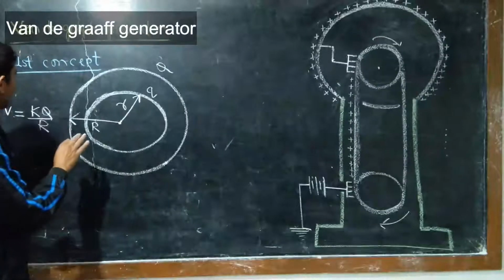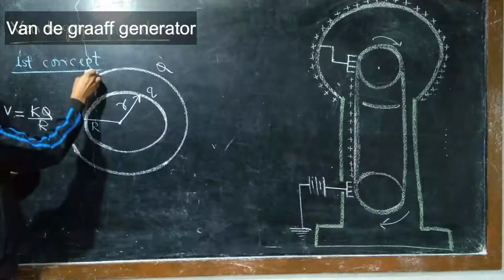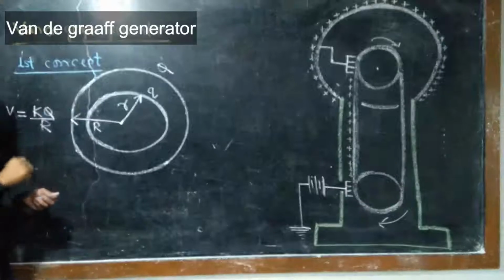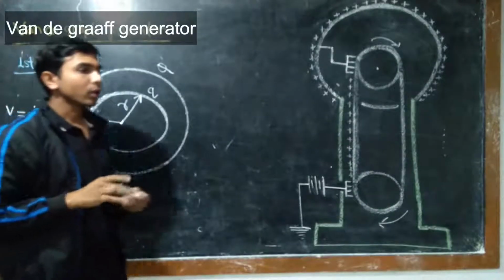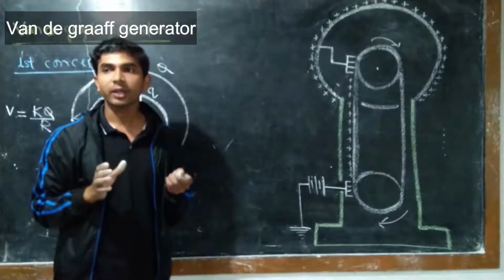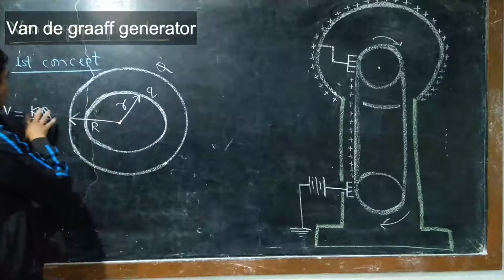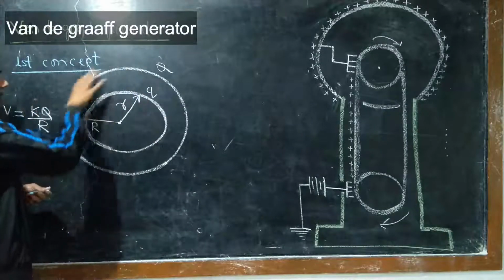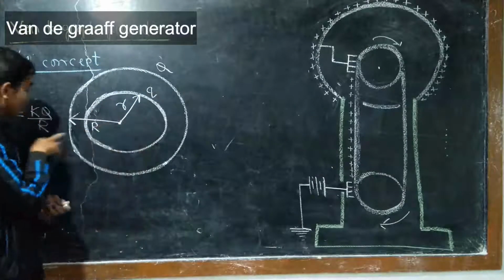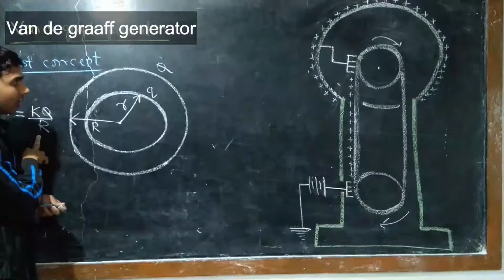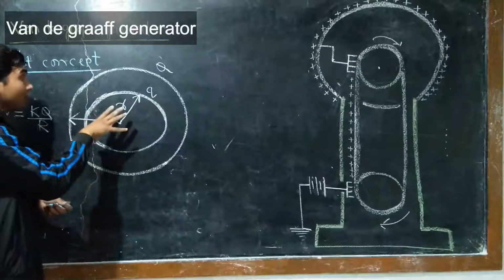Then the potential on this surface is kQ by R, right? And you know inside a spherical shell the potential is constant everywhere, so here the potential is also kQ by R. So due to the bigger one, the inside potential is kQ by R.